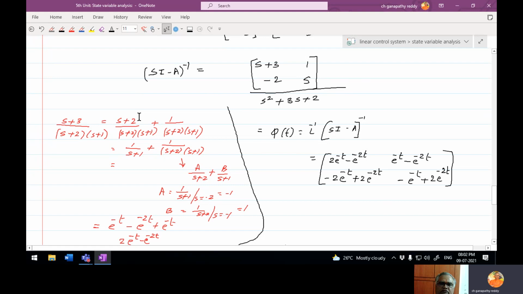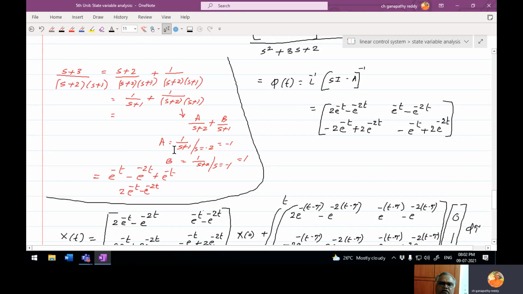So this s plus 2 cancels: 1 by (s plus 1) plus 1 by (s plus 2)(s plus 1). Then this can be A by (s plus 2) plus B by (s plus 1). Using this shortcut method, find A and B, substitute back, then go for inverse Laplace transform. You will get this. So here Laplace transform, inverse Laplace transform again applicable.